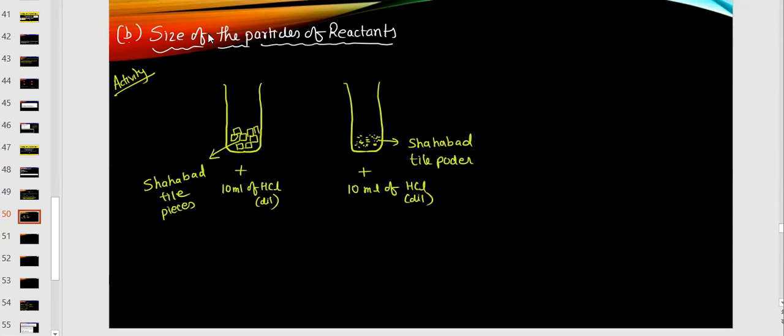What will happen in such a reaction? What is the observation here? Let me tell you. When you are doing this reaction, you have to observe whether effervescence of carbon dioxide is formed faster or slower. There will be some effervescence of carbon dioxide formed in this reaction, and depending on that, we can say which reaction is faster.